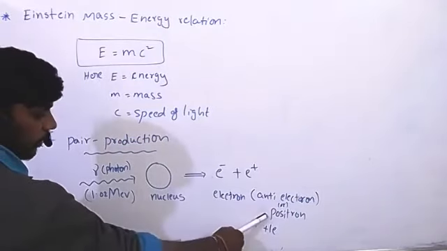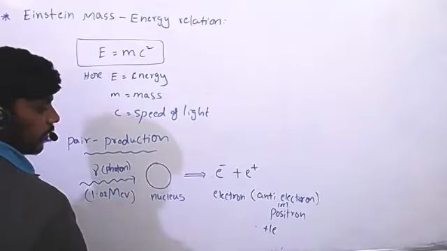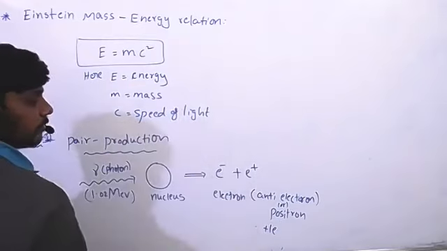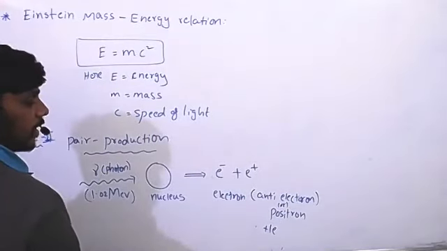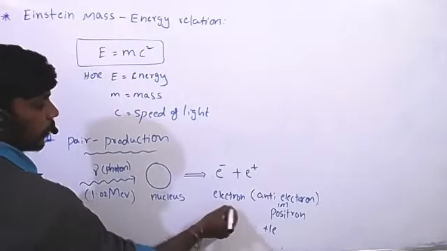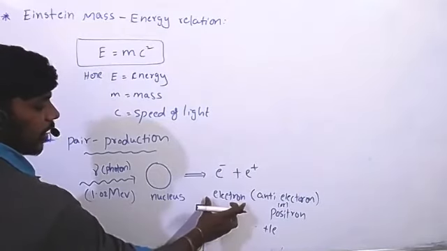If a positron collides with an electron, what will happen? You know what will happen? When the positron collides with the electron, the first process, annihilation, will happen. So that's what we saw. The electron and anti-electron masses are the same. Electron has how much mass?